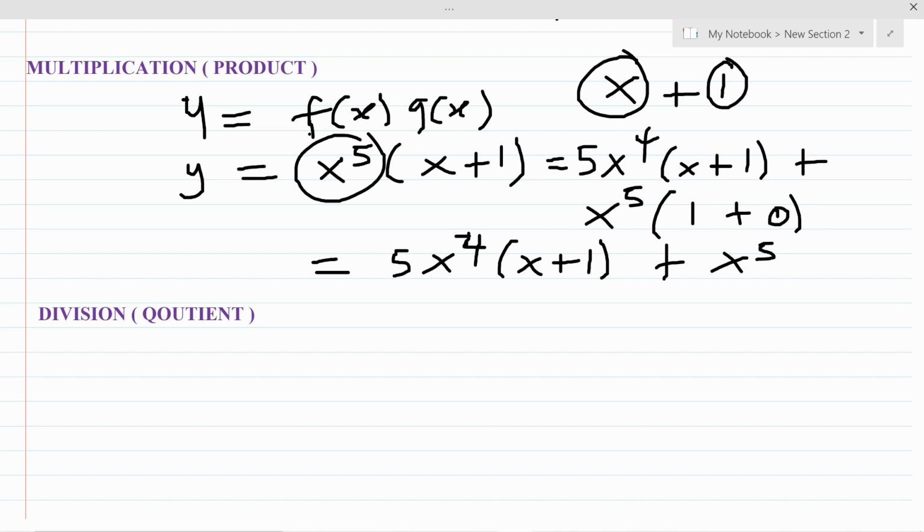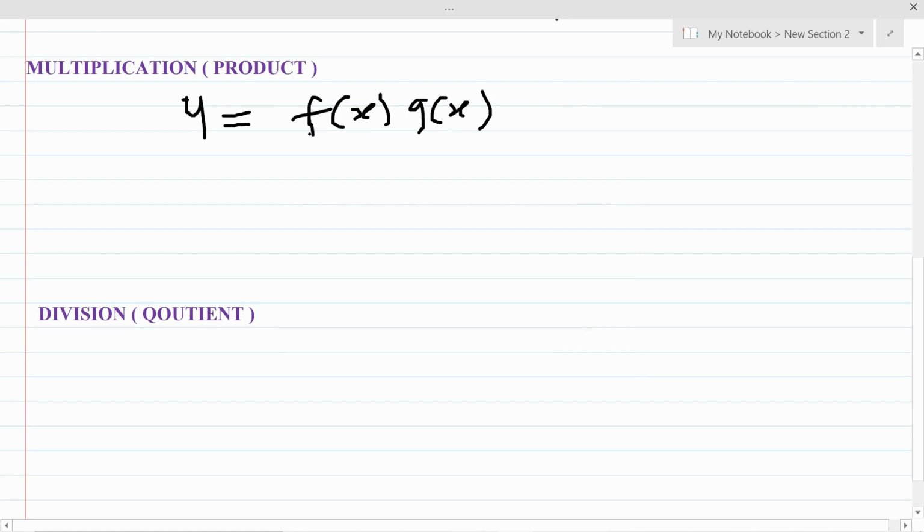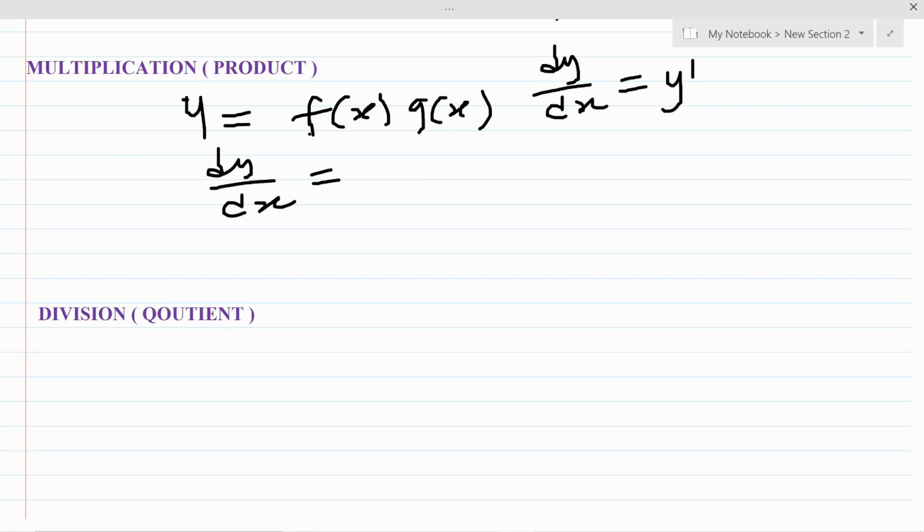Alright, so let's rewrite the definition again and we'll make use of it in the future. We said that if you have y equals f of x times g of x, then dy/dx is equal to, sometimes I represent it as dy/dx, but it can be y prime, meaning the first derivative. We have other derivatives as well, so we'll talk about them in the future.